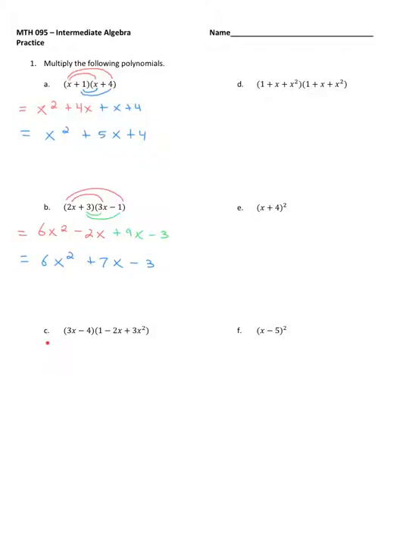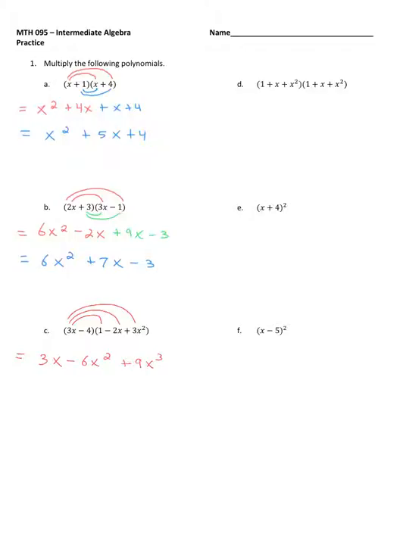All right, for part C, same idea, but now there's 3 terms in the second set of parentheses, but we approach it the same way. 3x gets multiplied to 1, the 2x, and also the 3x squared. So this gives us 3x minus 6x squared plus 9x to the third power.